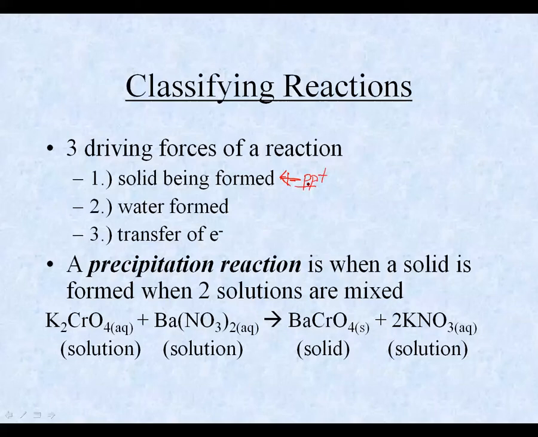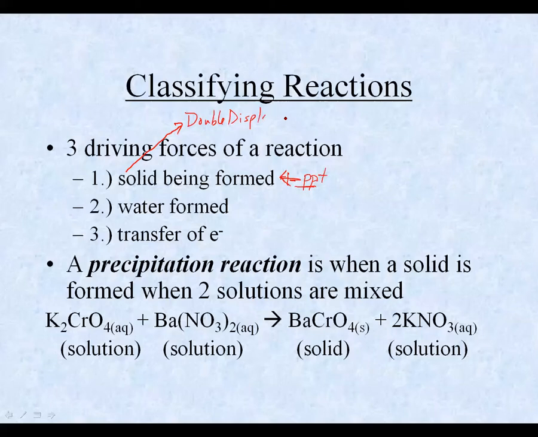So when we form a solid as a result of mixing a couple of solutions together, that will form a precipitate, and that is a precipitation reaction. As we talked about in the last couple of lectures, that type of reaction usually is also what is known as a double displacement reaction.